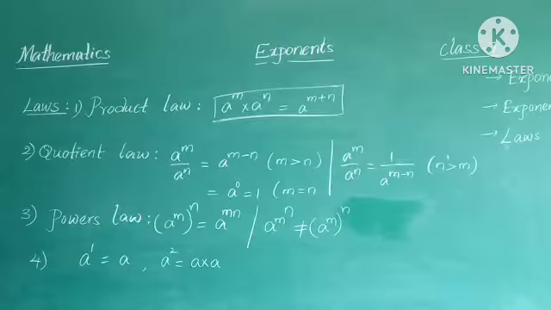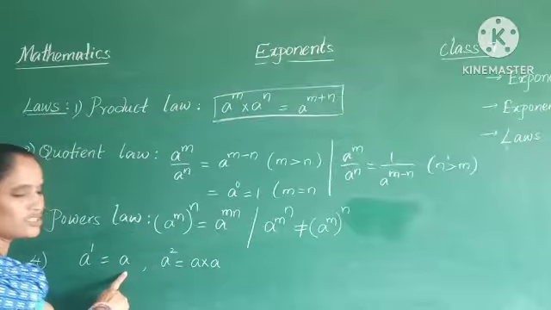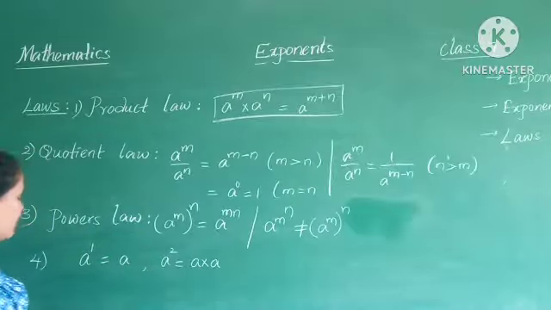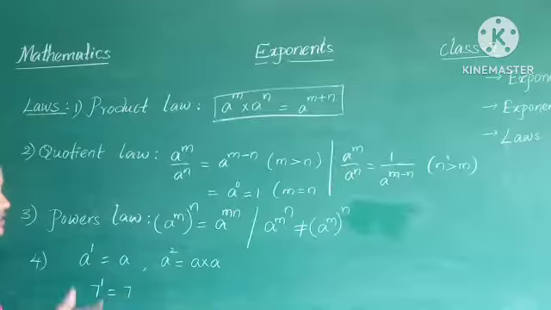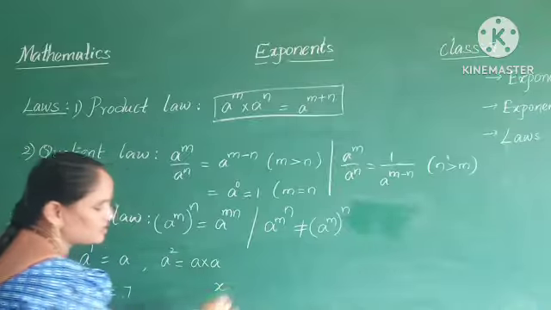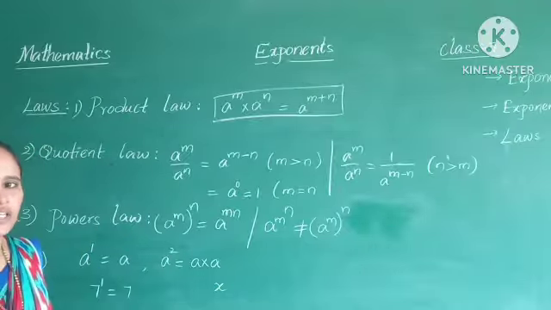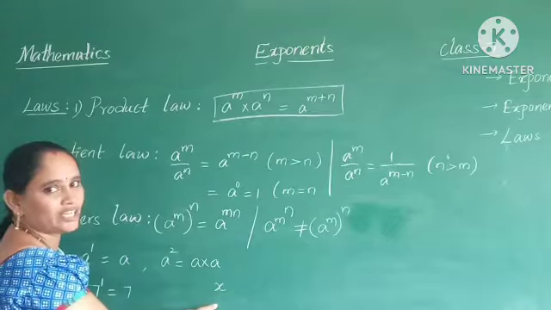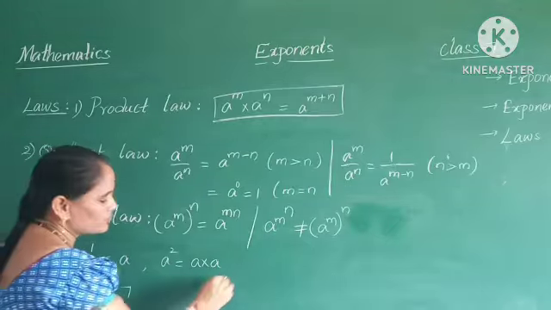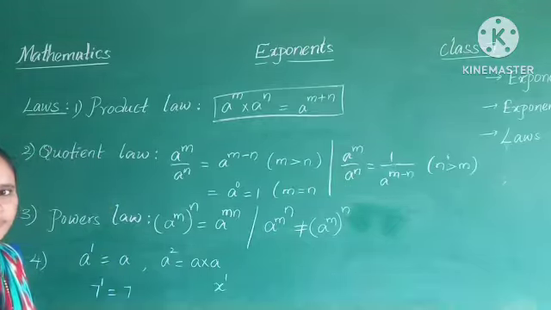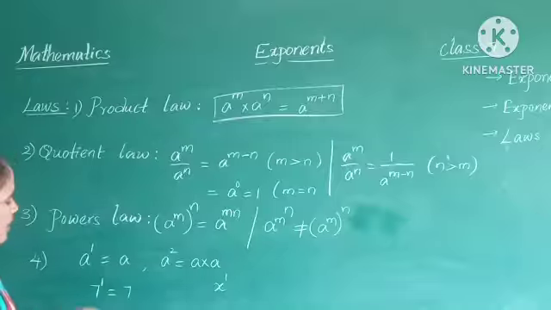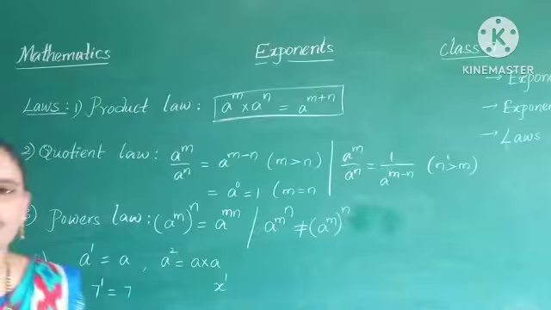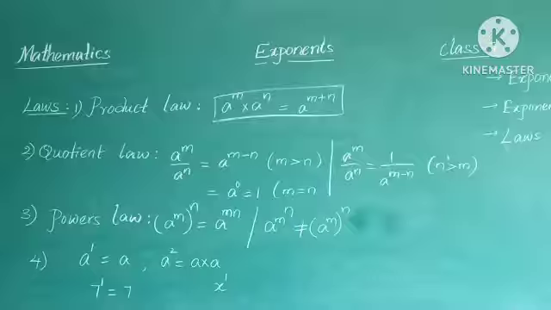Here a power 1 means it is equal to a. For example, 7 power 1 is 7. Sometimes we will write only x. Madam, x power what here? X is written only one time, so x power 1. Clear, children? If any number is raised to the power of 1, then the value is equal to itself.